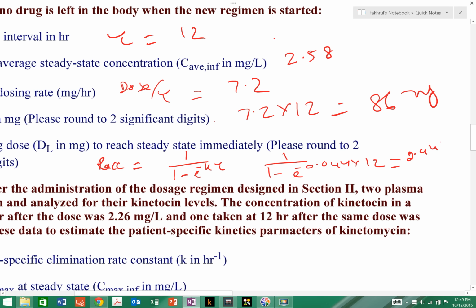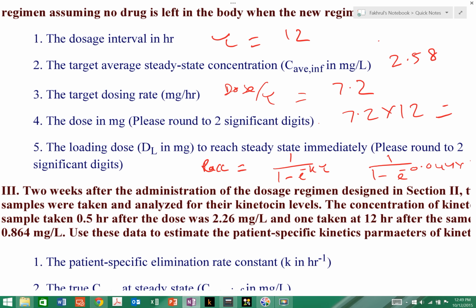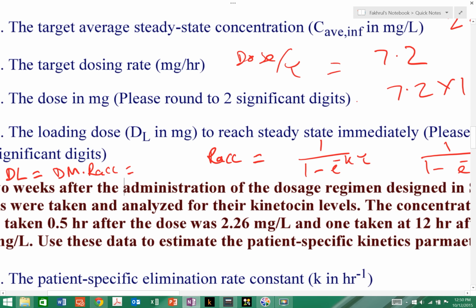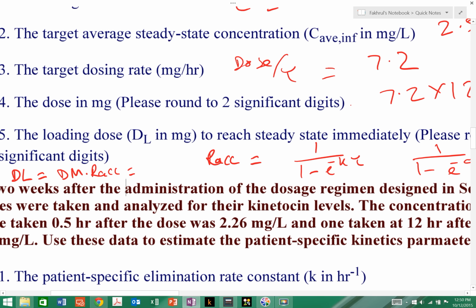Once you know that new RSCC, you have to calculate the loading dose. This is the maintenance dose, so the loading dose DL is equal to DM times RSCC. Your RSCC is 2.44. Here you put DM as 86 and your RSCC as 2.44.